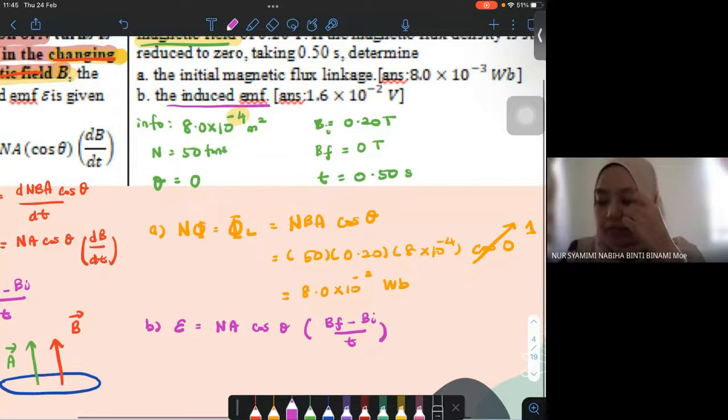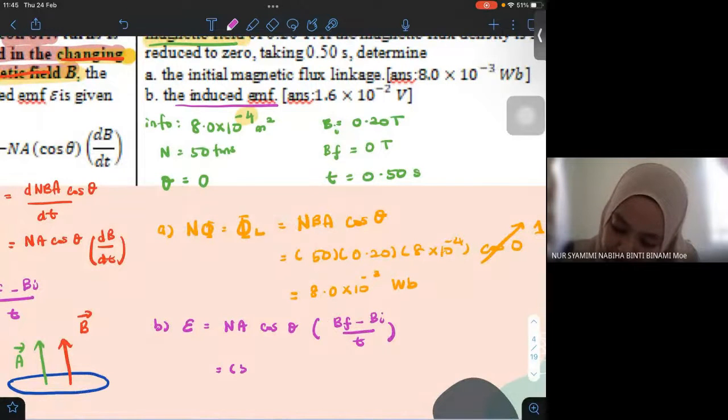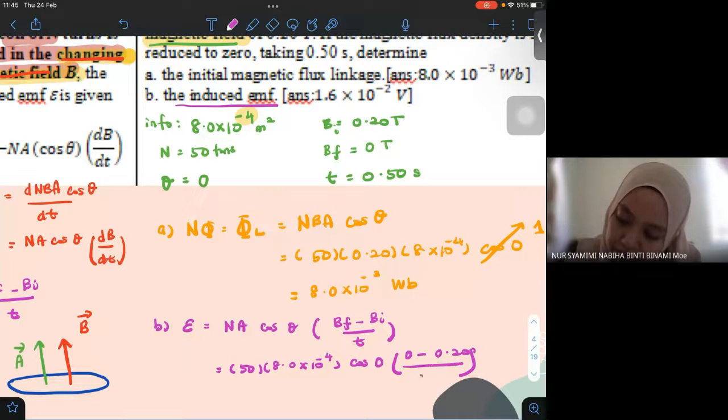Okay. So n is given 50. Area is 8 exponent negative 4. Cos theta, cos 0. So B final is equals to 0 minus 0.20 divided by time 0.50. Okay, berapa jawapan kita dapat?